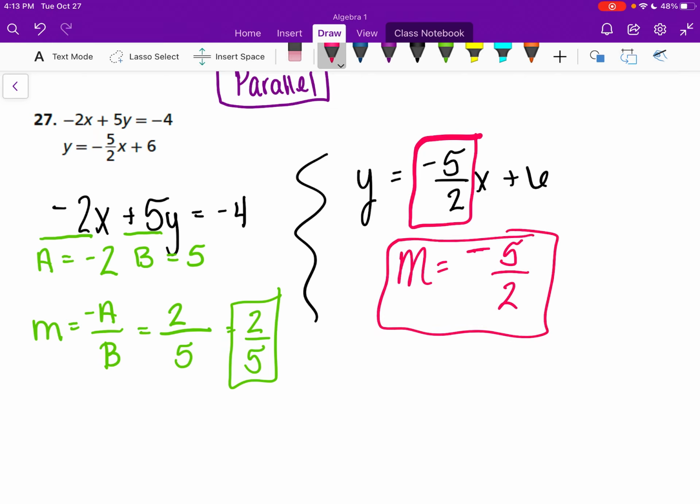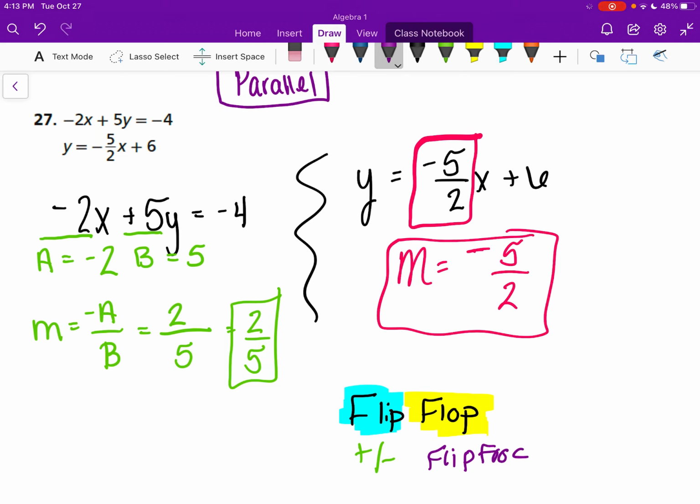Now it is time to compare these slopes. Let's see, are they the same? No, they are not the same, so they cannot be parallel. To be perpendicular, they have to be a perfect flip-flop, where flip means we change the sign, so like positive and negative, and flop means we flip the fraction.